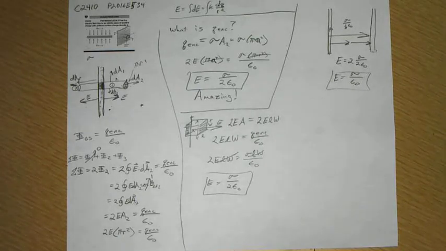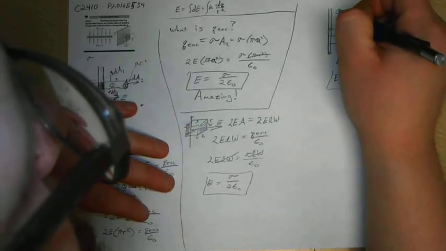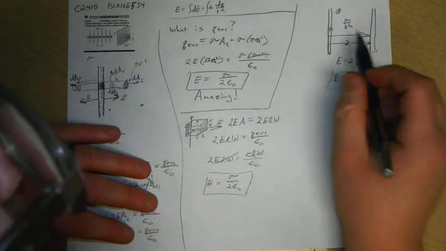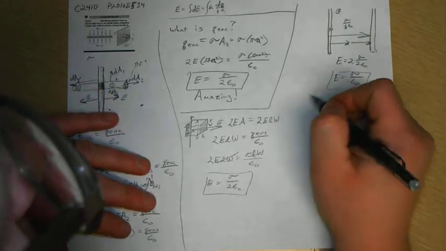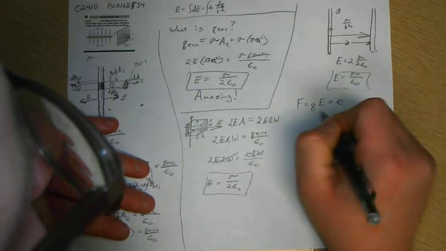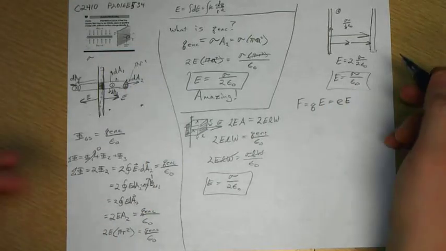What if you put an electron in here? Or a proton. Let's put a proton in there. So a proton is going to feel the force from this field, and the force is just Q times E, which is the positive elemental charge, the charge of an electron but positive, times the electric field.